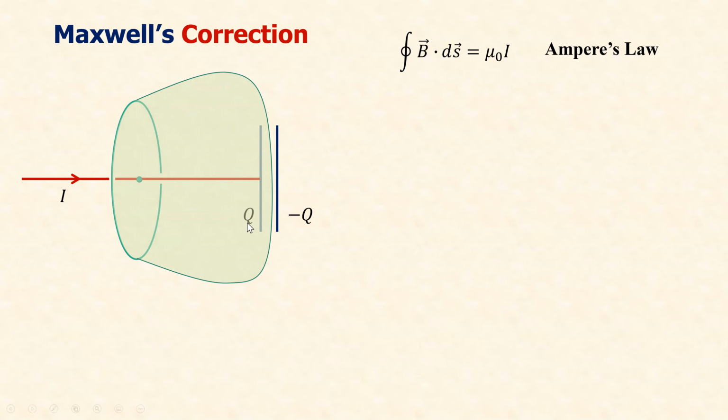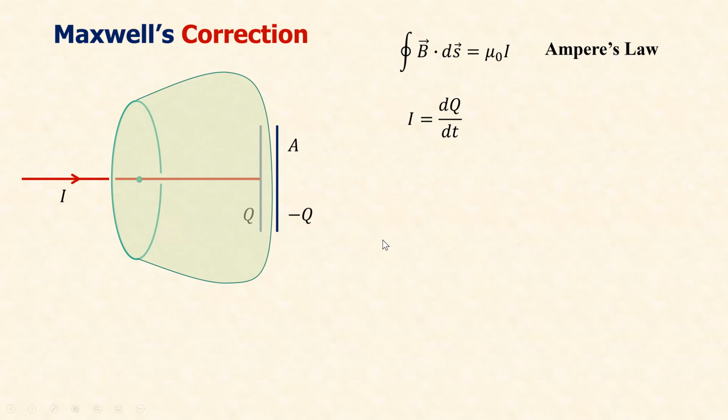We know that the charge on the capacitor is Q and negative Q, and let's say that the surface area of the capacitor plates is A, and then we know that the current that comes here changes this Q. From the definition, current is dQ over dt, the rate of change of Q of the capacitor.